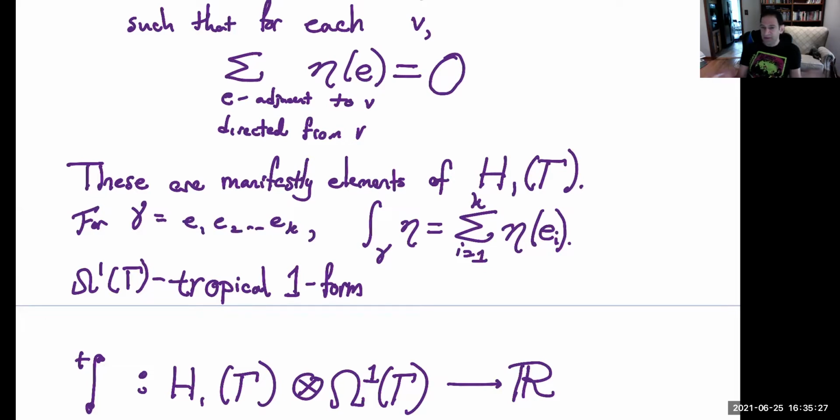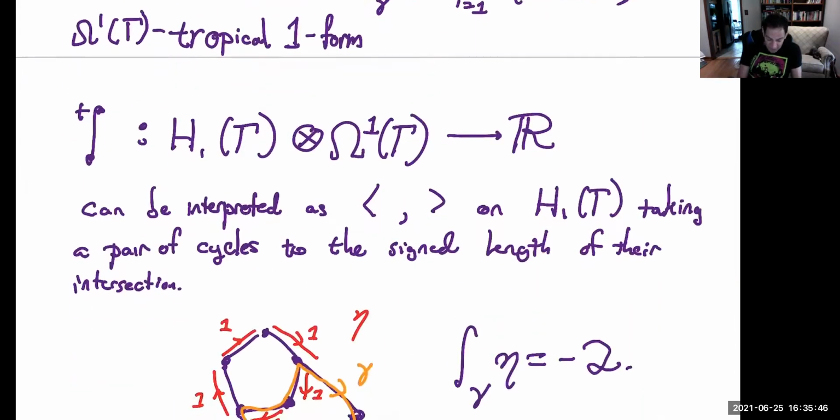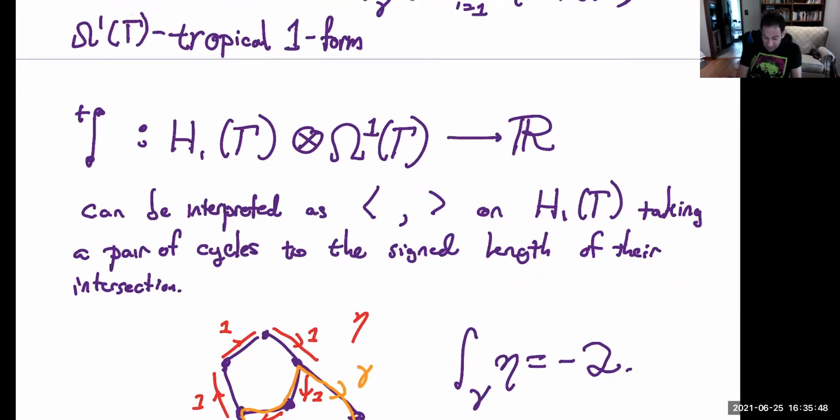And if you're in the metric situation, you just multiply by the length of that edge. So actually, since I'm talking about the metric case, it really should be that. And I will denote tropical one-forms by Omega^1 of gamma.